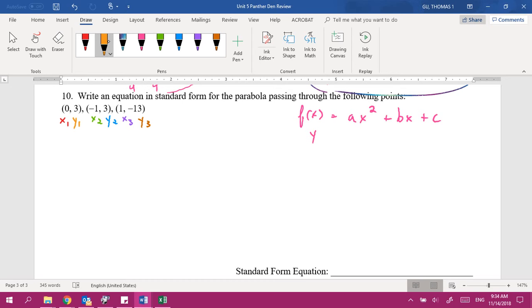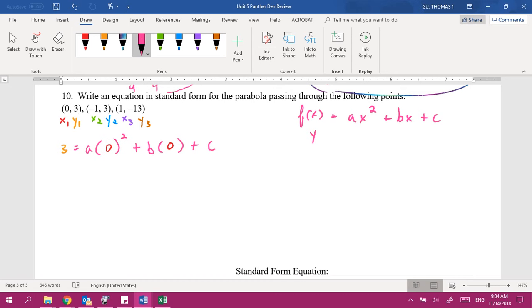The f of x. So I'm going to put 3, and then it's equals a times 0, because x is your 0. A times 0 squared, do not forget the squared, plus b times 0 plus c. And then we want to simplify this.